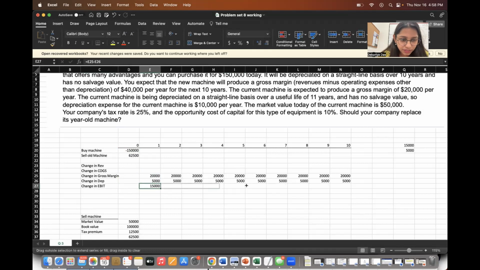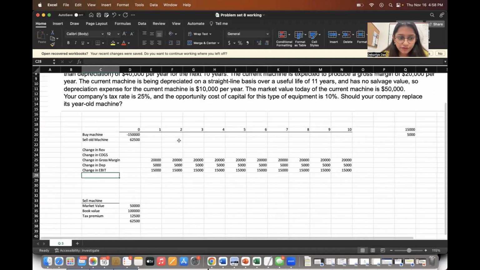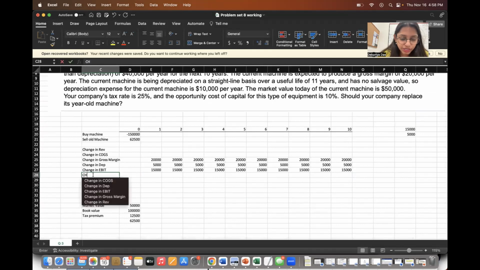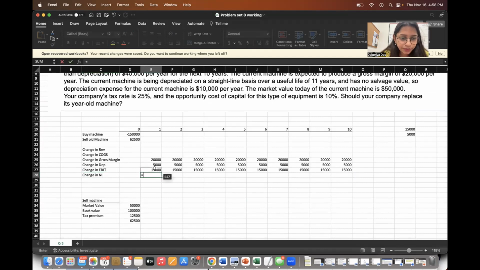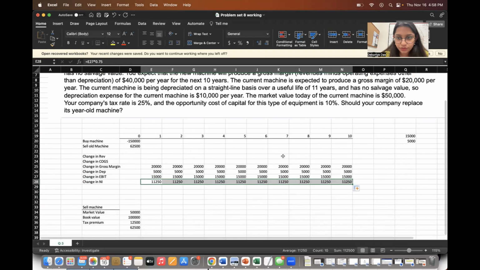Okay, that's your change in EBIT. Now, you don't have interest, so what would be the change in net income? You're just gonna tax it, right? So this times 0.75. So it's gonna be your change in net income, right?